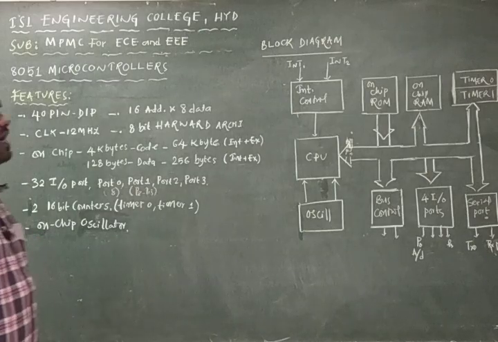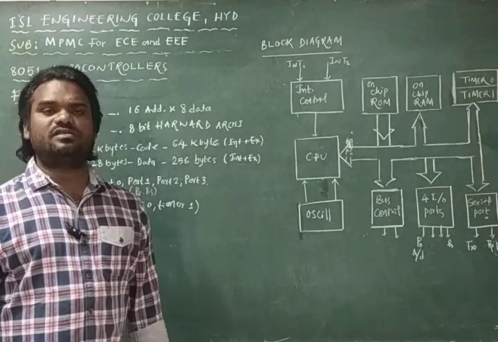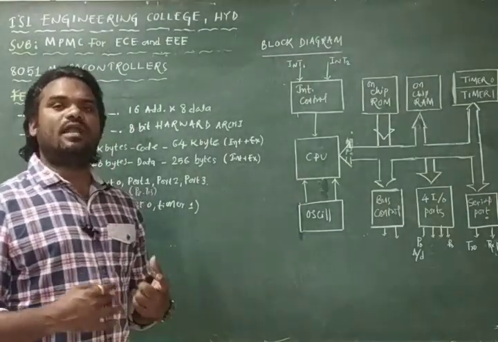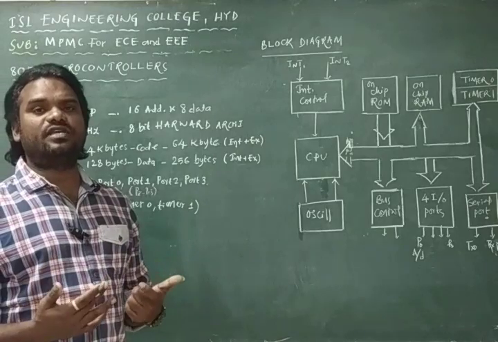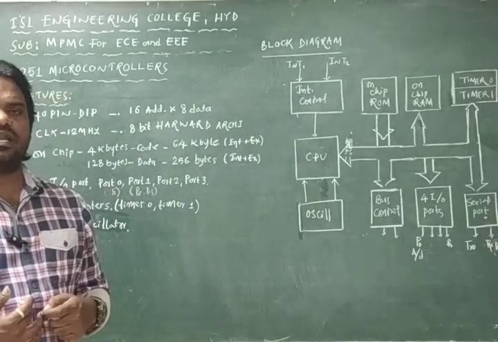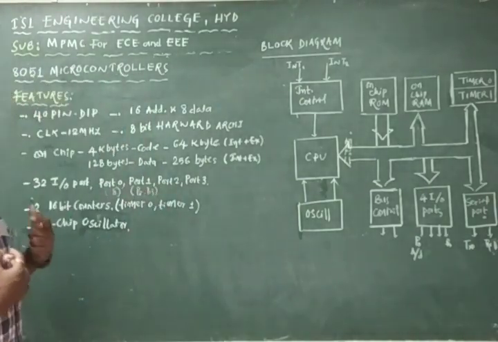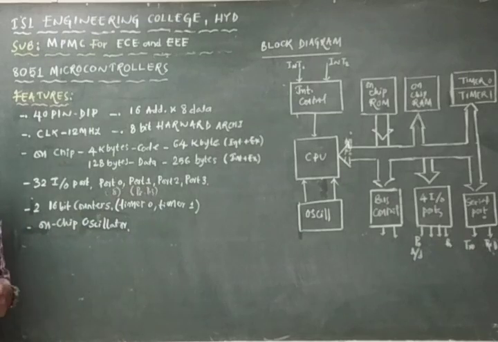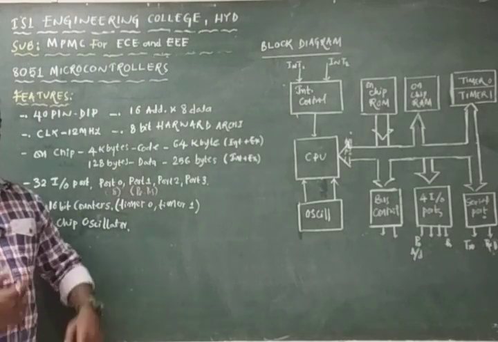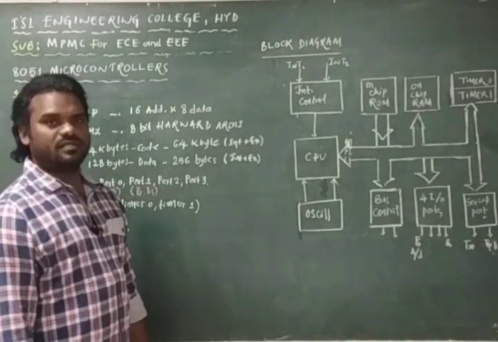And it is going to have an inbuilt on-chip oscillator, and the on-chip oscillator will provide the required clock signal, clock frequency, to all the individual networks which are integrated on a chip. So by making use of this on-chip oscillator, each and every device is going to work synchronously. This is about the on-chip oscillator.